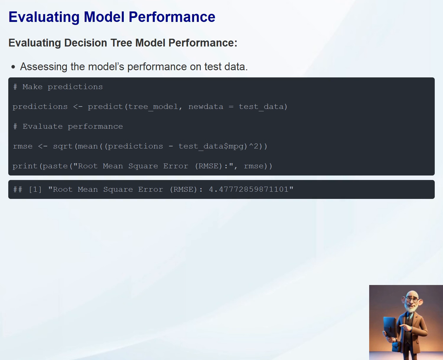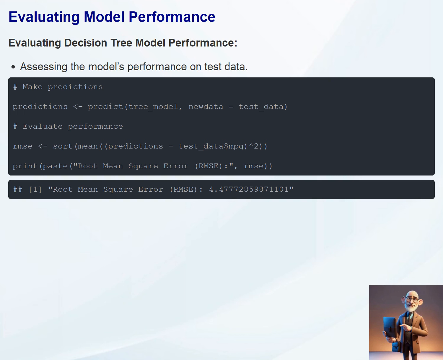Now, let's shift our focus to evaluating the performance of our decision tree model. After training the model, it's crucial to assess how well it generalizes to new, unseen data. In this code, we use the trained decision tree model to make predictions on the test dataset. Subsequently, we calculate the root mean square error, RMSE, as a metric to quantify the difference between predicted and actual values.